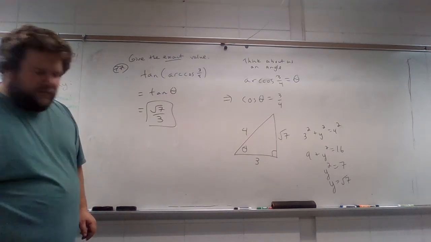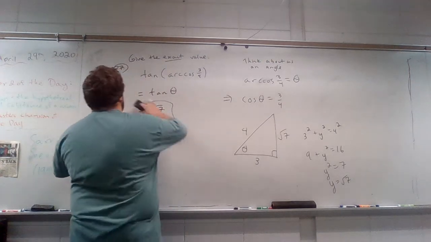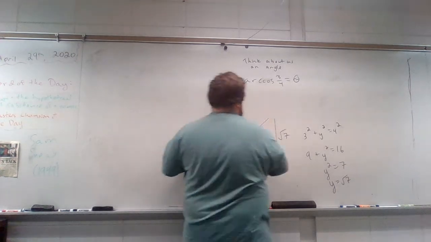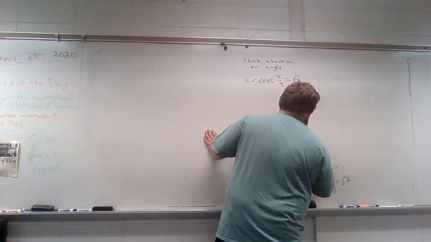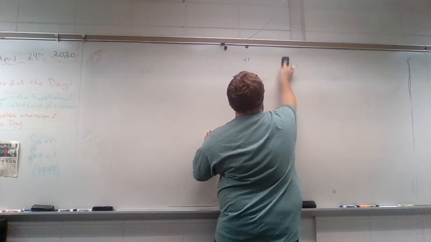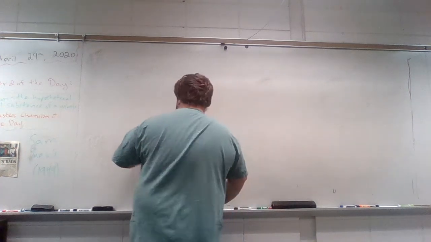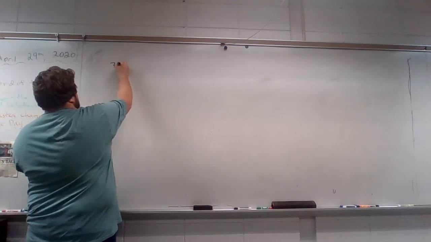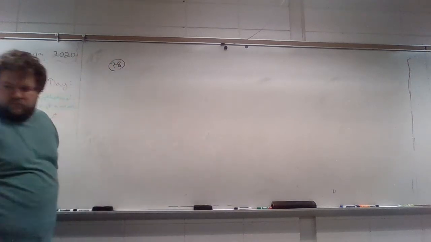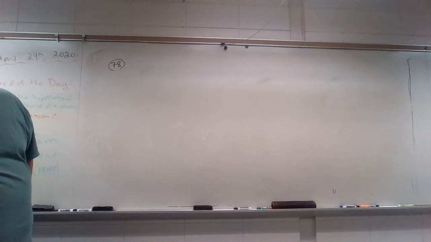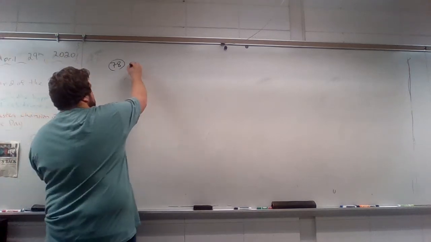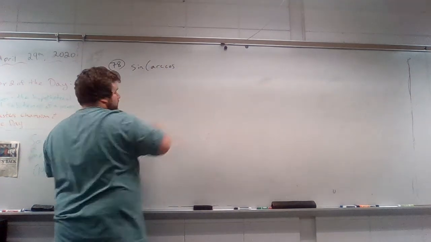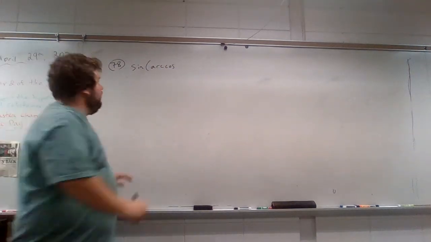let's look at another one with that, just to get the hang of this method. Okay, so let's look at, say, 78. And this one we're doing sine of arc cosine of 1/4.